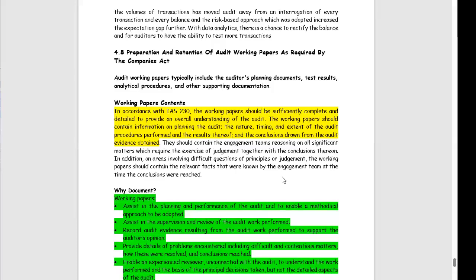Those are the essential qualities of a good working paper, which is very important for us to have knowledge of.